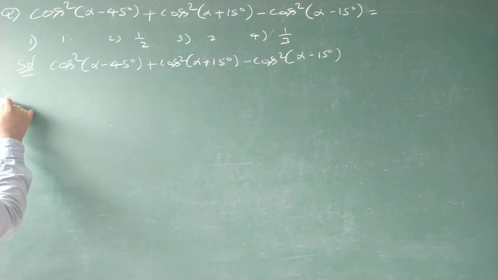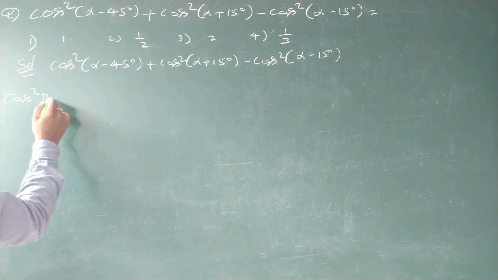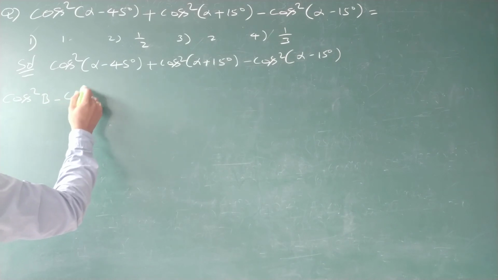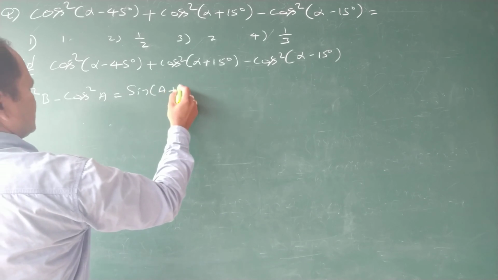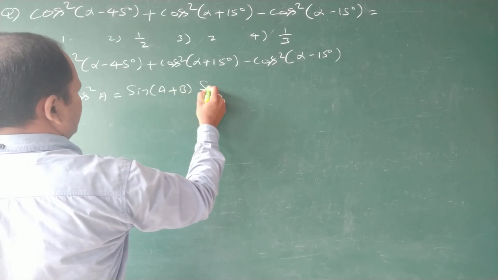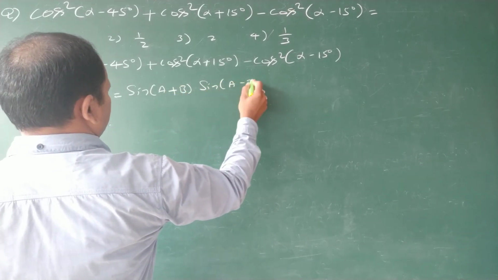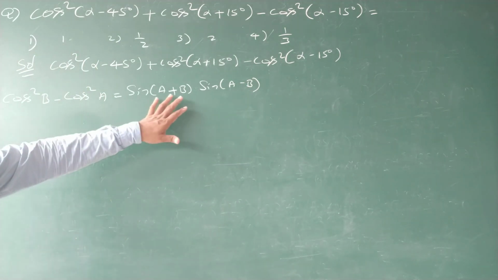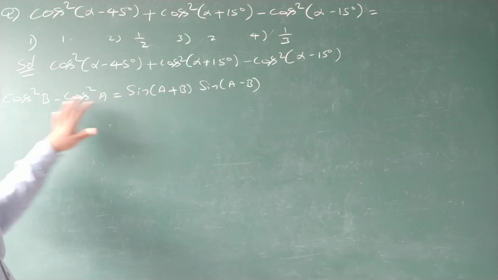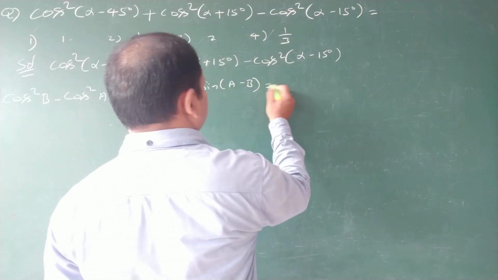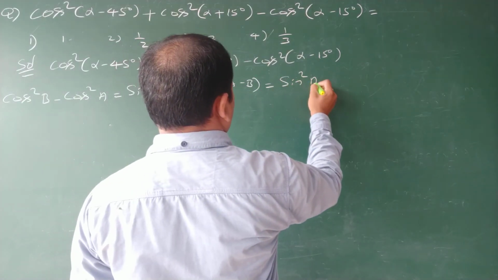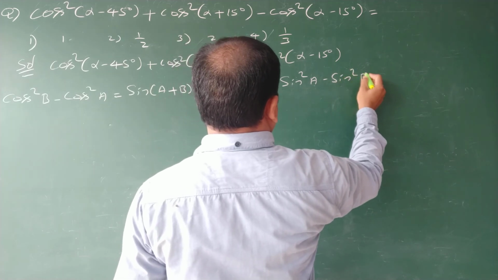We know that cos square b minus cos square a is equal to sin(a plus b) into sin(a minus b). That is the product of sines expansion in terms of cos, cos square b minus cos square a. So in terms of sine, that is sine square a minus sine square b.